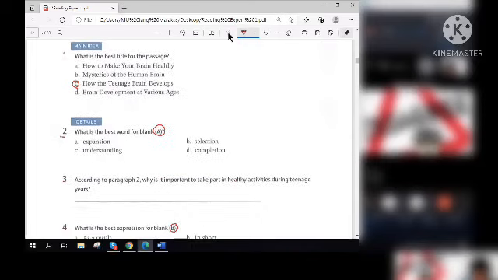Now going back to the story, you can check blank A there, and then you can look at these choices. So, Son, what is the best word for blank A? B. Selection. Letter B, selection. Okay, very good.